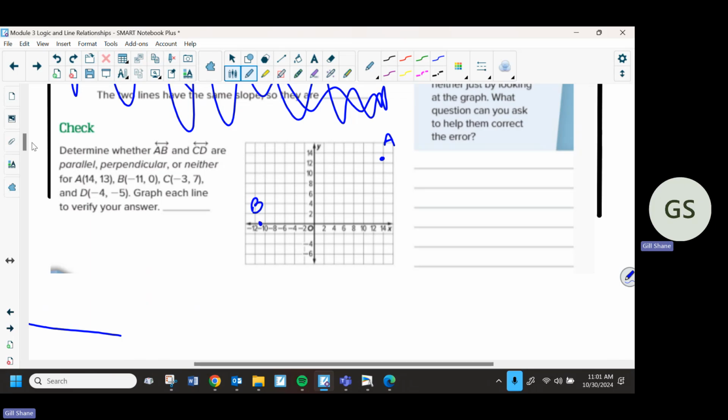Sometimes we do get 4 points that make up a shape. Now I just draw a line through those 2 points. Then I come back and do points C and D, and I draw a different line through those 2 points. Colored pencil is good for this. If you want to keep the lines very separate, different colors sometimes help.